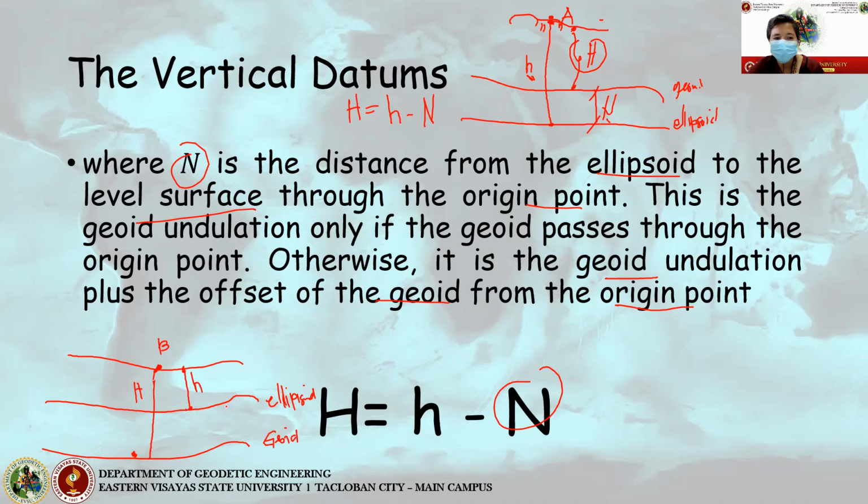Now, how are we going to compute the geoidal undulation? This is the difference between the orthometric height minus the ellipsoidal height.